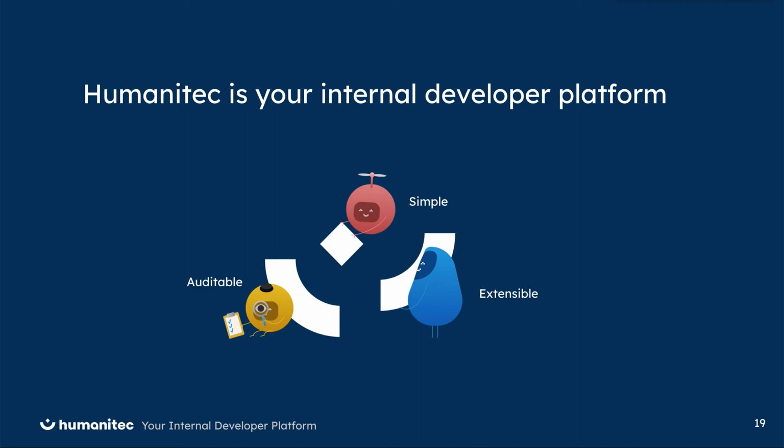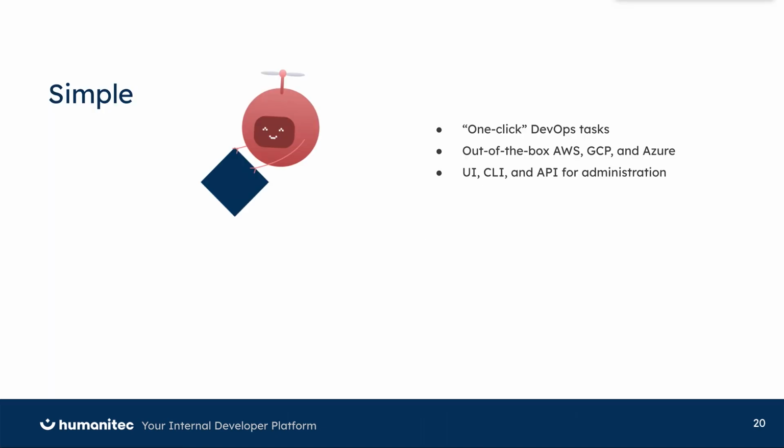So we like to say that Humanitec is simple, it's extensible, and it's auditable. So just to start on the simple bit, we're very focused on making sure that these DevOps type tasks, things like deployments, things like provisioning resources, are really one click or one command for a developer.